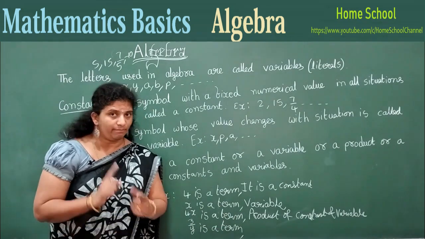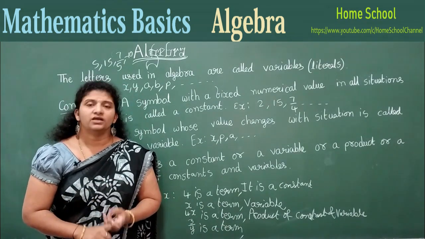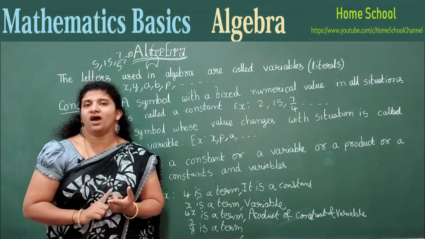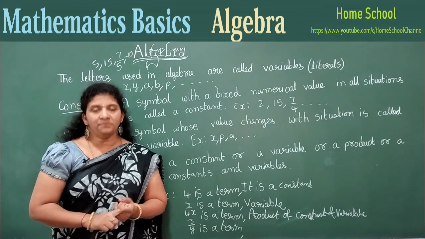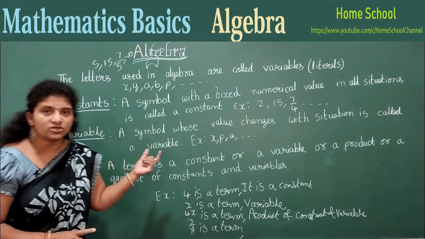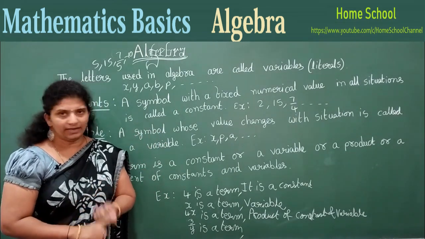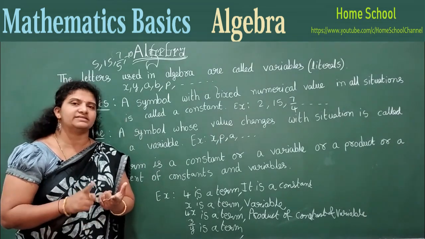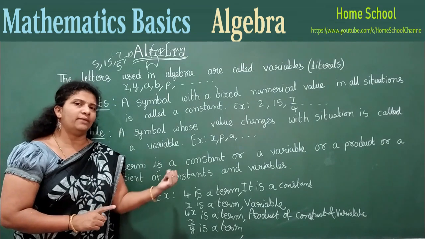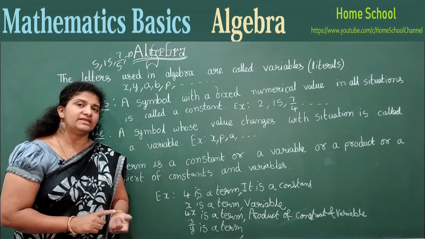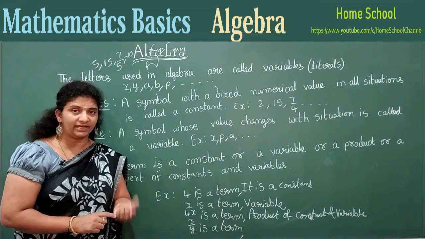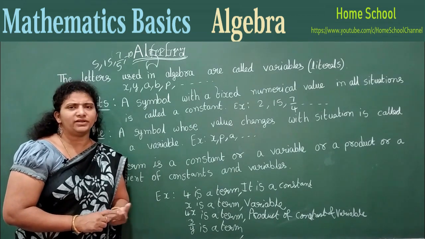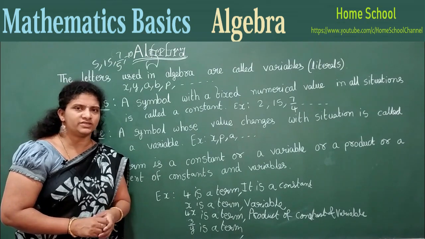Algebra is one of the parts of mathematics. Whereas in arithmetic we deal with numbers, algebra deals with variables. Variables are also called literals or literal numbers. Constant means a fixed value, and it deals with numbers. A variable is represented by letters, alphabets, and its value is always changing according to the situation.